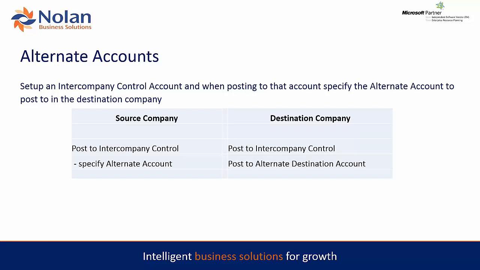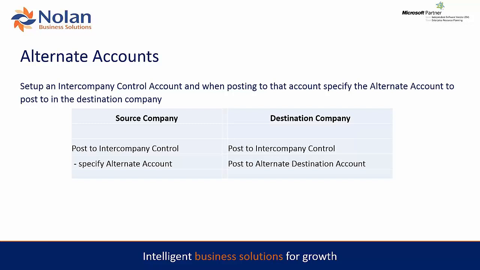The system completely works with multi-currency, and we have the ability to set intercompany rates depending on whether it's the source company or the destination companies that dictate those rates. So the system will pick up the correct rates in the same company.